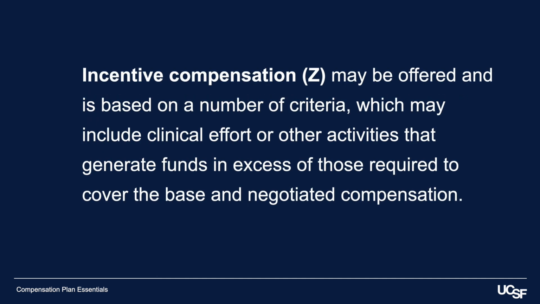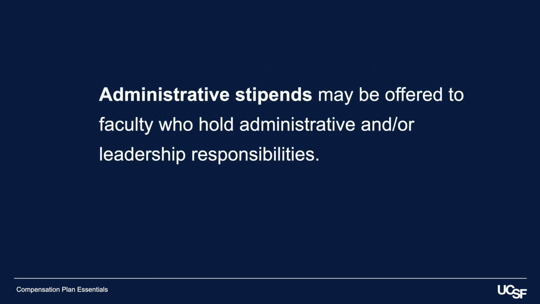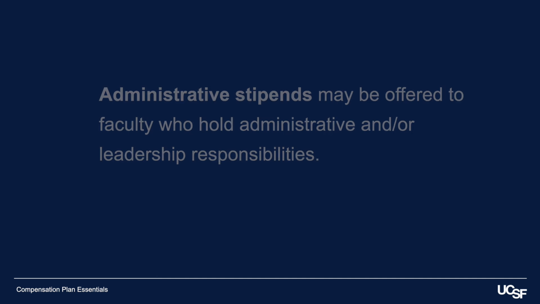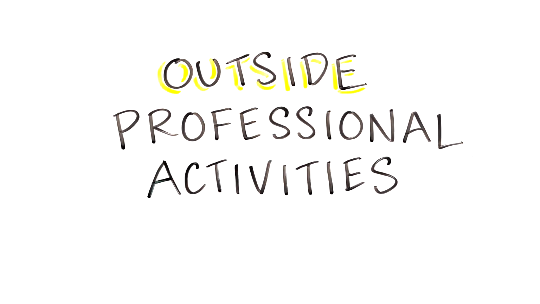Incentive compensation, Z, may be offered and is based on a number of criteria, which may include clinical effort or other activities that generate funds in excess of those required to cover the base and negotiated compensation. Administrative stipends may be offered to faculty who hold administrative and/or leadership responsibilities. The specific methods used to determine X prime, Y, and Z are set by the departments and are described in each plan. Now I'll discuss outside professional activities.